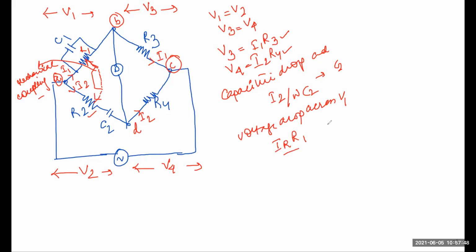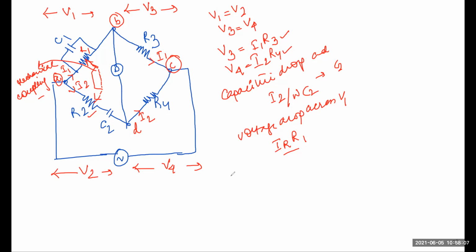Okay, across the arm R1 is also same. So resistance R1 is in same phase as that of the voltage V1. So the phasor sum of V1 and V3 and V2 and V4 will give a result in the voltage supply. So that we will see in the phasor diagram.